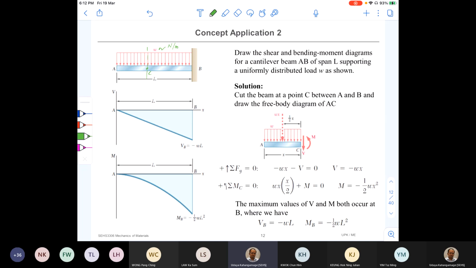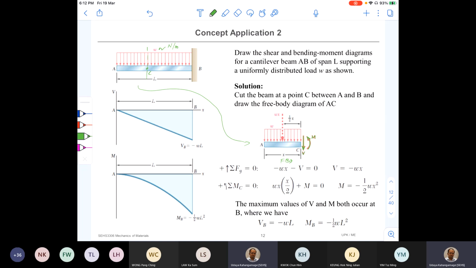The cut portion, I have drawn the free body diagram here, FBD. Okay, now you can see externally applied load is there, and then the internal shear force, a positive one I have marked like this, internal bending moment like this.